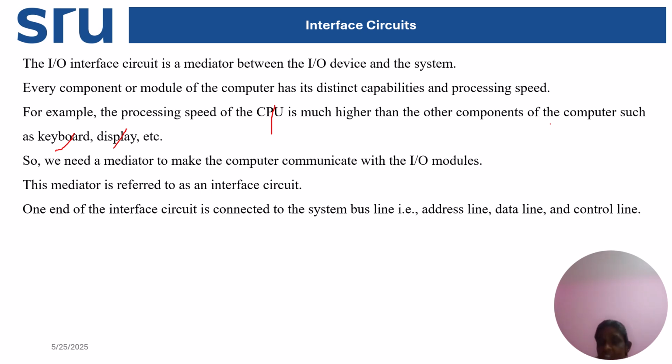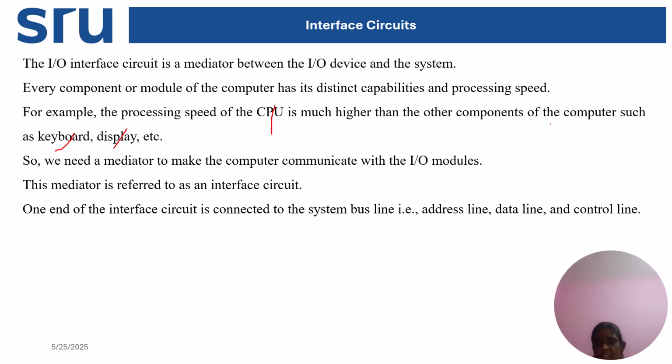It is the fastest. So we need a mediator to make the computer communicate with the I/O module. If we have a mediator circuit in between, the CPU will feel comfortable in transferring the data between the I/O device and the CPU itself.